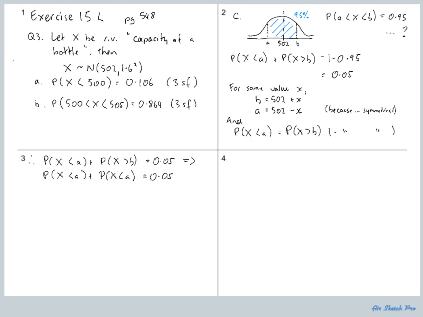Okay, so that's from the fact in slide 2. It must be the same thing. Now I've got 2 times that number, so 2 times the probability of x less than A is equal to 0.05, which means the probability of x less than A must be equal to 0.05 divided by 2, which is 0.025. I think I said 0.00 then.